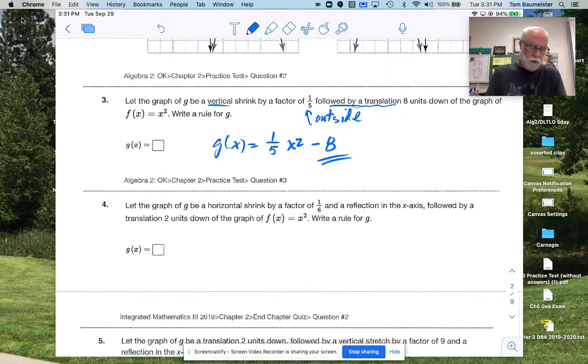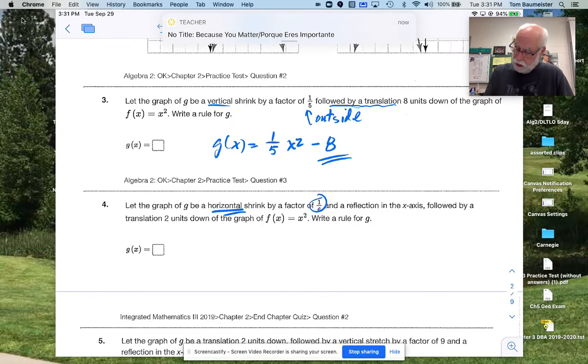Number 4, let the graph of G be a horizontal shrink by a factor of 1/6 and a reflection in the x-axis, followed by translation 2 units down of the graph of f of x is equal to x squared. Write a rule for G. So in this case here, remember I told you whenever we see the word horizontal, you're going to flip that factor.